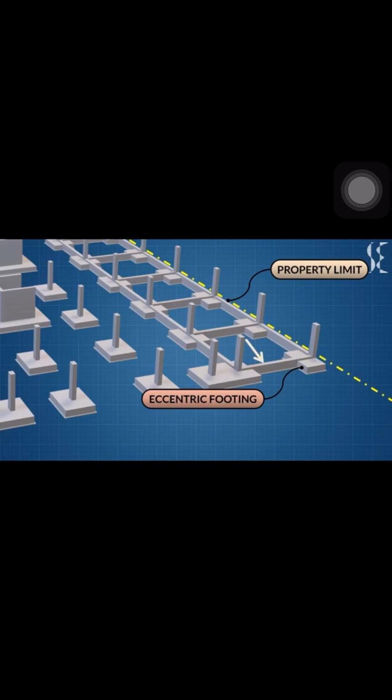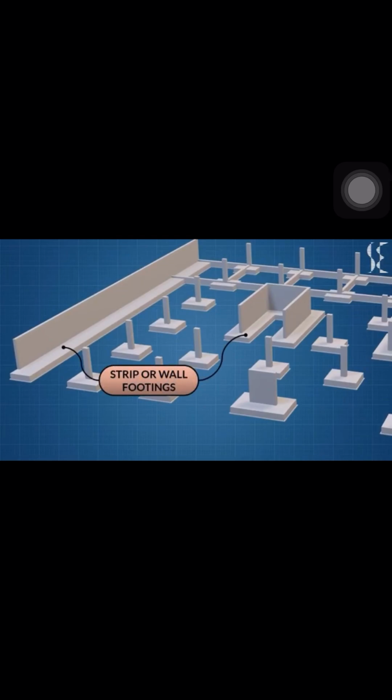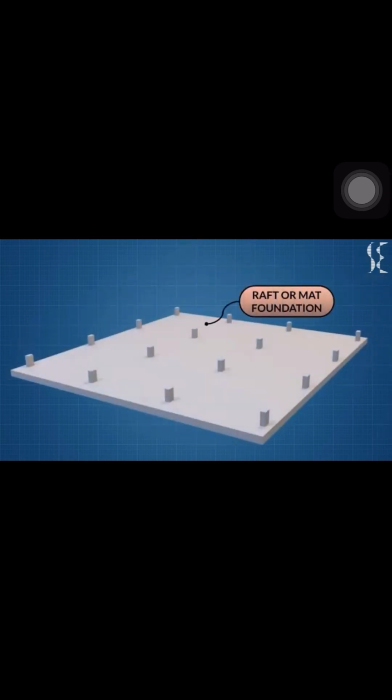Then eccentric footings deal with misaligned loads, crucial in asymmetrical designs. When we consider the strip or a wall foundation, it supports the entire wall with a continuous concrete strip, useful for load-bearing walls and commonly in residential construction. So that's it.